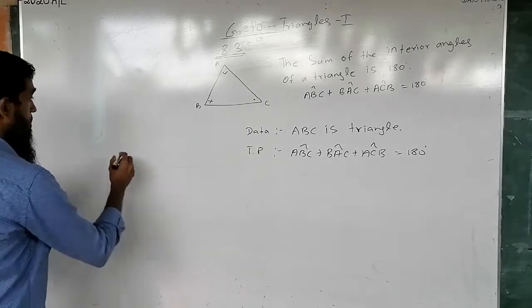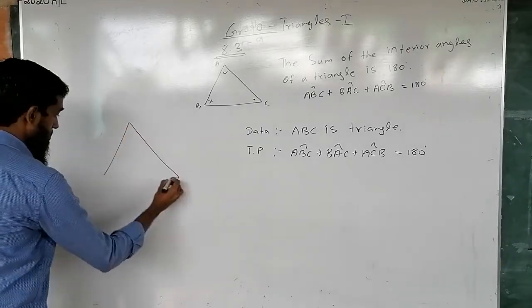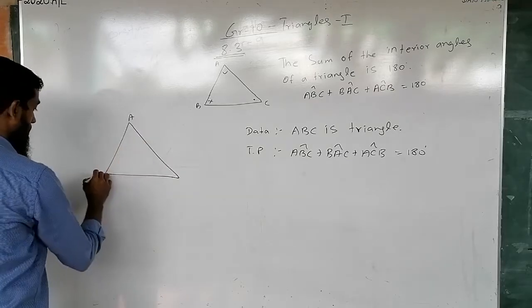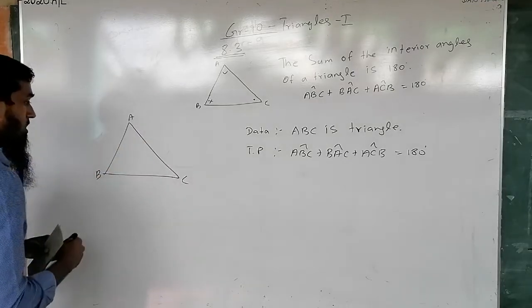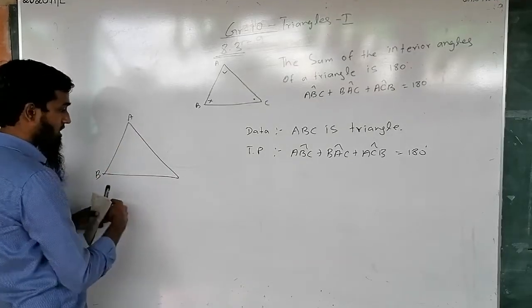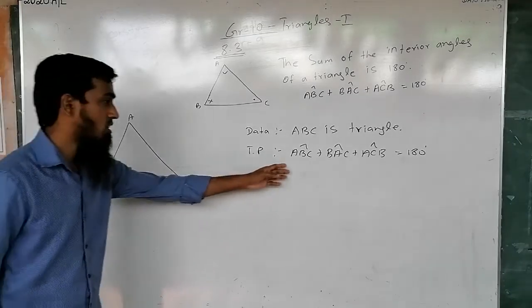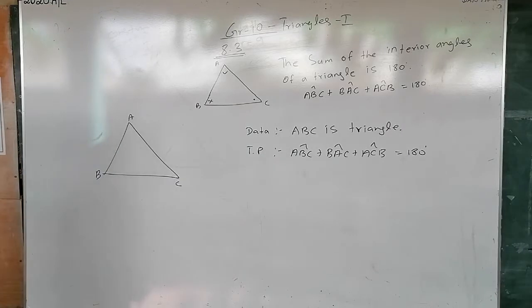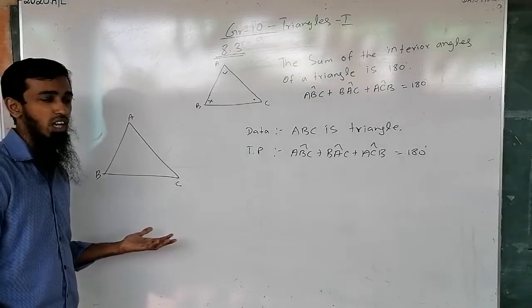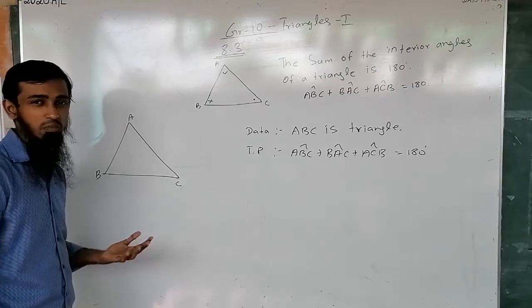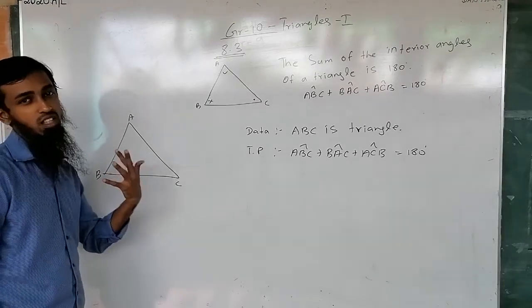So for the proof, we need a construction. Using this figure, we can't prove these things. So we need a small construction here, which is similar to the previous theorem.